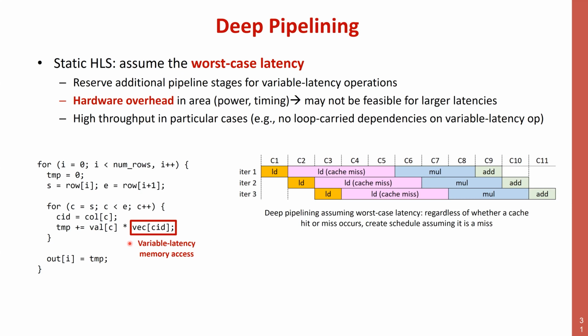It can be hit and miss. And what I said before is that the natural assumption, unfortunately, for a static HLS tool is to assume the worst case, essentially nullifying the use of a cache, because I will in any case wait all the time of a cache.